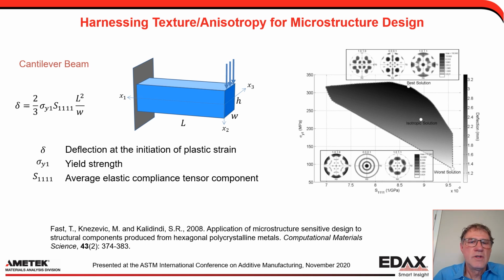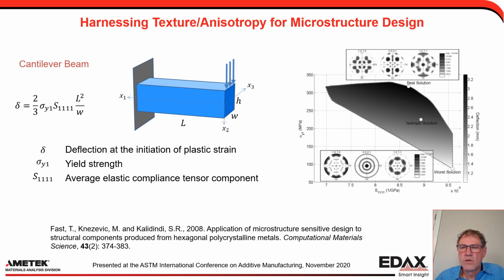As an example, here's a cantilever beam undergoing loading at the end. Surya Kalidindi's group looked at this specific problem and constructed what's called a microstructure hull. From that, you can find the best solution and the worst solution to, in this case, try to reduce the deflection, based on the average elastic compliance tensors.